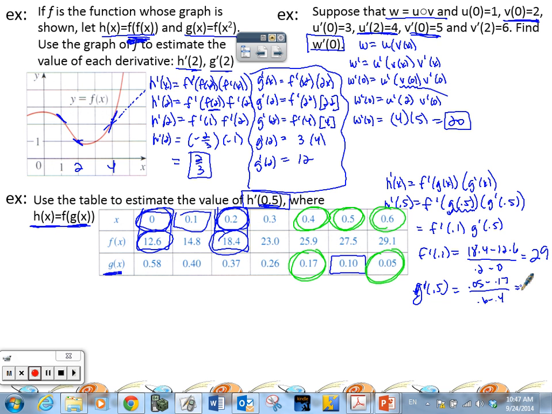After all that arithmetic is done, we get negative 0.6. So our final answer is 29, that's f prime of 0.1, times negative 0.6, which is g prime of 0.5, and that gives me negative 17.4.